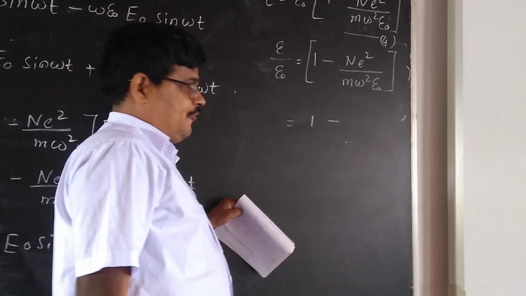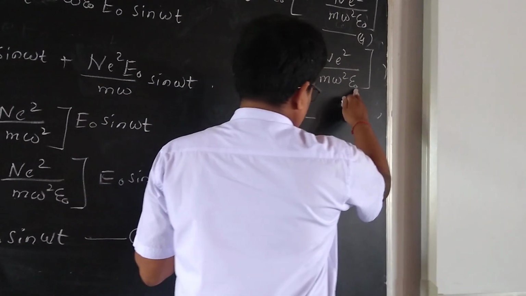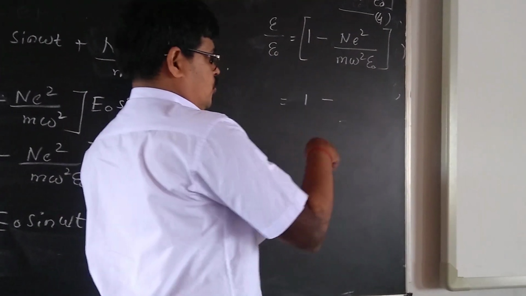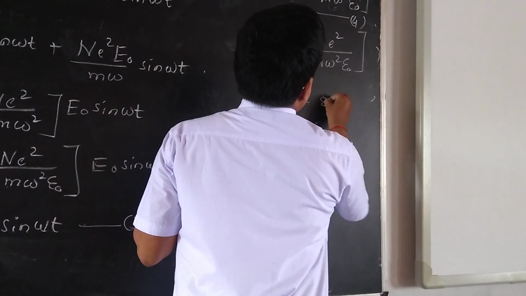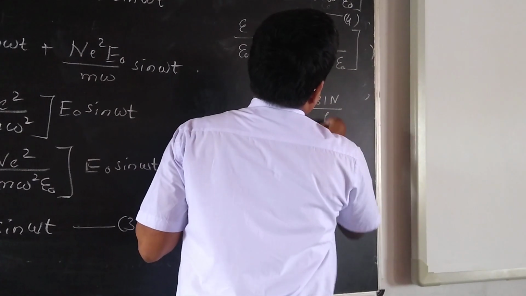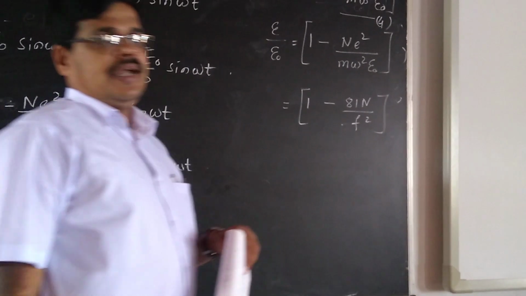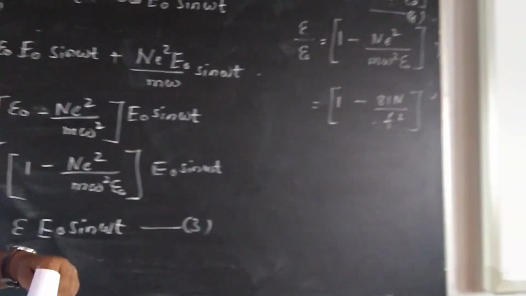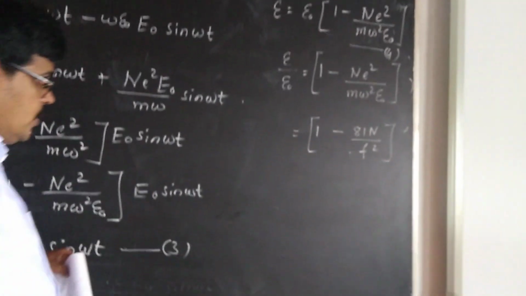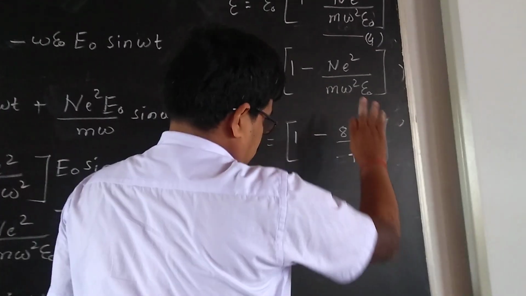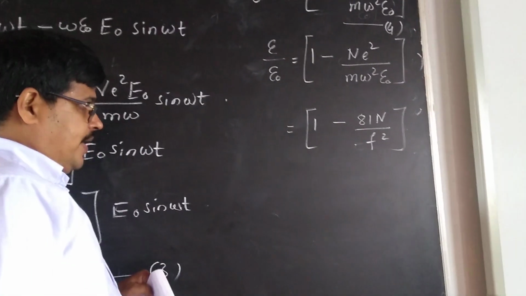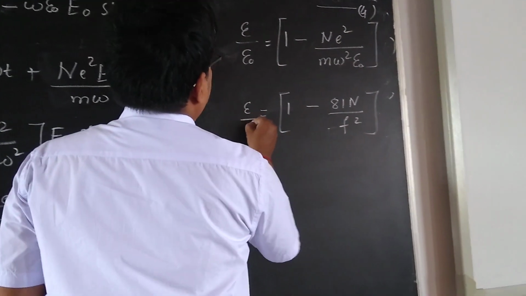Omega is 2 pi f, so f varies. Epsilon naught is a constant. If you put all the constants in the equation, then it is 81N divided by f square. Here I have taken omega is equal to 2 pi f, where 2 pi is a constant. So if you evaluate this term, it is going to be 81N divided by f square.